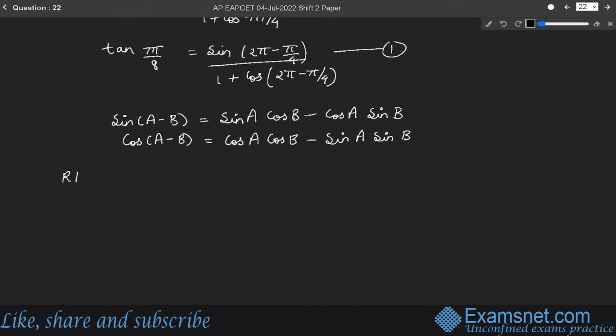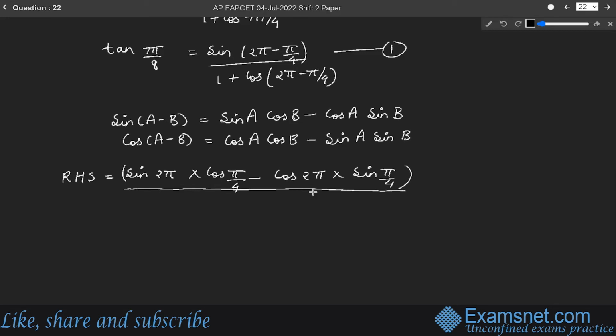So we are solving the right hand side. On the right hand side, it will be sin 2 pi into cos pi by 4 minus cos 2 pi into sin pi by 4, divided by 1 plus cos 2 pi into cos pi by 4 plus sin 2 pi into sin pi by 4.